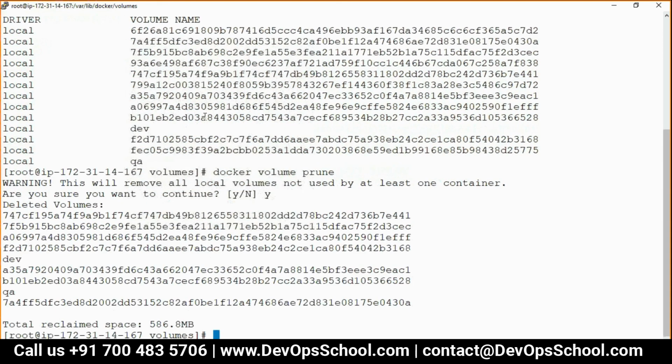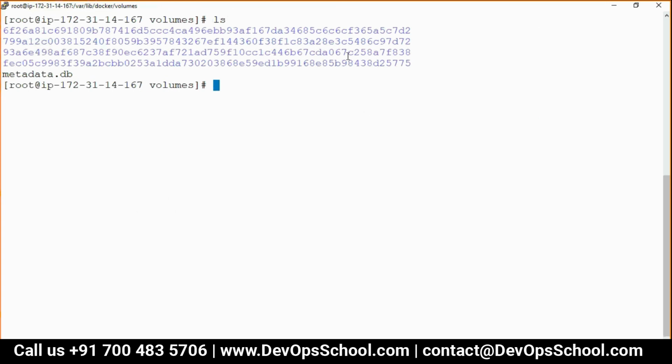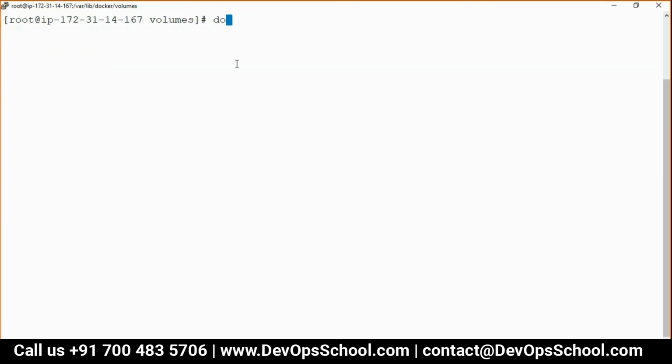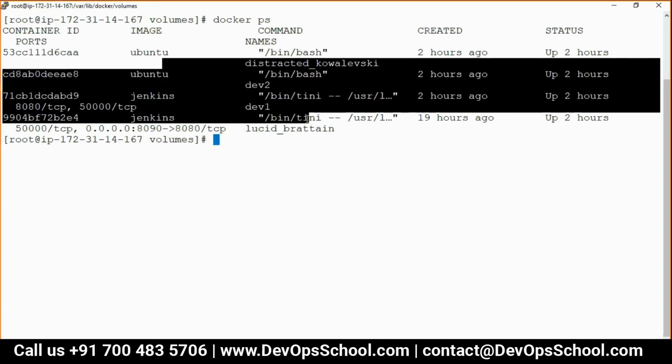Why? Deleted. Everything got deleted. You see, these volumes did not get deleted. That means they are being used. Where are they being used? Docker. You want to know? docker ps. They must have been used in this place. Okay.